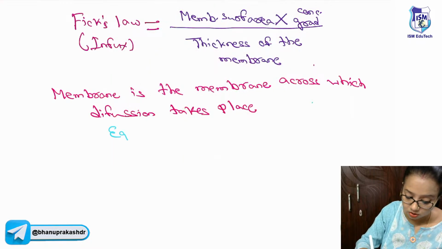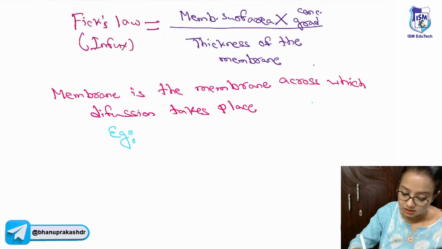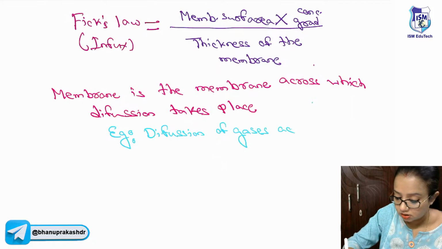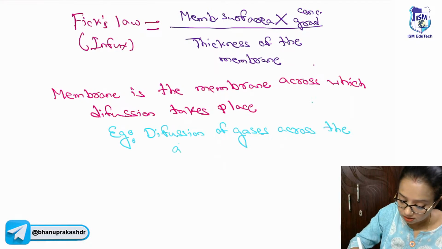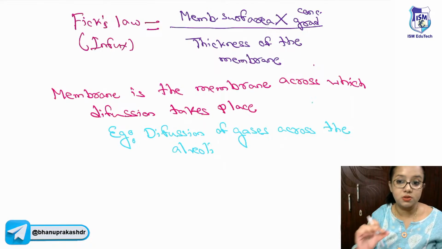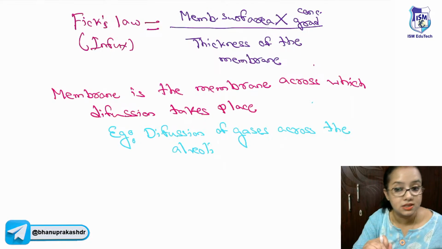Mostly, very importantly, obviously, for example, diffusion of gases across the alveoli, right? So that membrane, the membrane of the alveoli, that is a respiratory membrane whose structure we will study in the system.